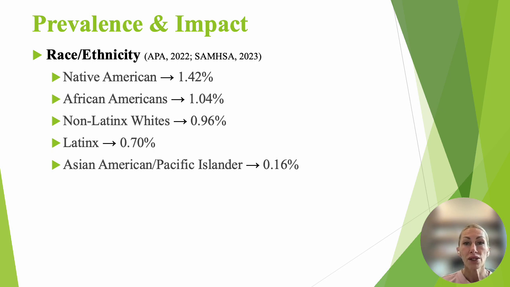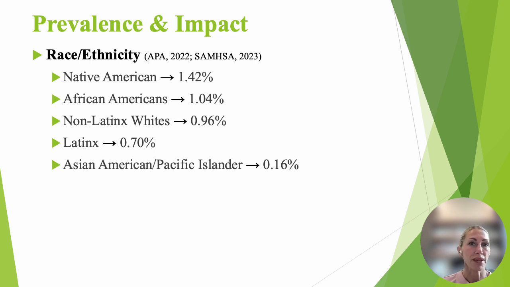So among racial and ethnic groups, Native Americans experience the highest rate of opioid use disorder at 1.42%, then African Americans at 1.04%, non-Latinx whites close behind at 0.96%, and the rate among Latinx individuals is slightly lower at 0.70%, while Asian American and Pacific Islander, they're lumped together, report the lowest rate at 0.16%.